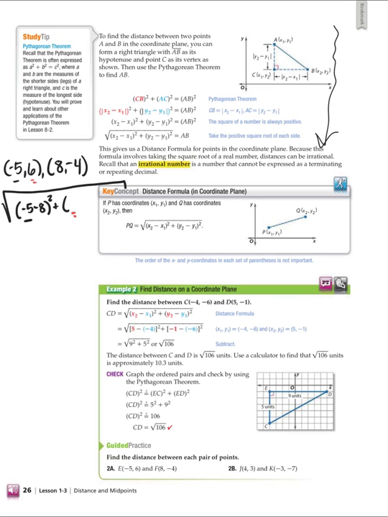So I'm going to have negative 5 minus 8 squared plus 6 minus negative 4 squared.